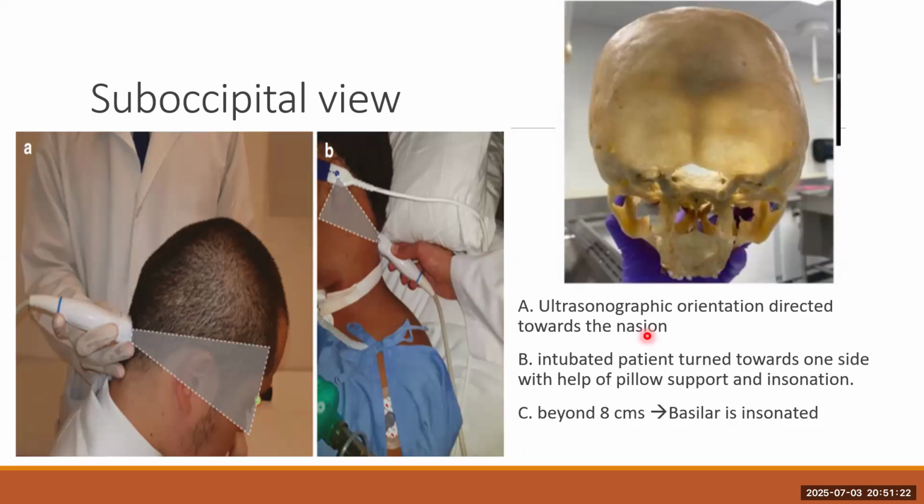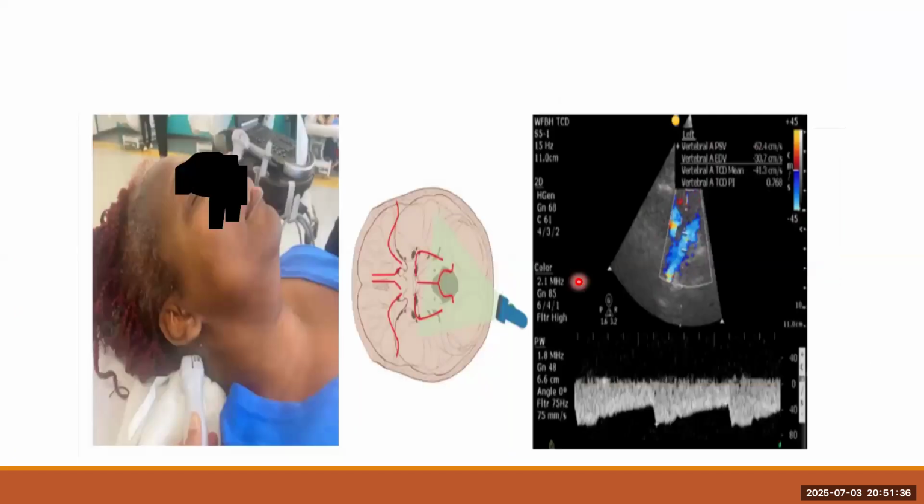What we need to remember is that between 6 to 8 centimeters of insonation, it is vertebral, and beyond 8 centimeters, the basilar. Even though we can see the joining of the basilar, it always needs to be insonated beyond the 8 centimeter cutoff.